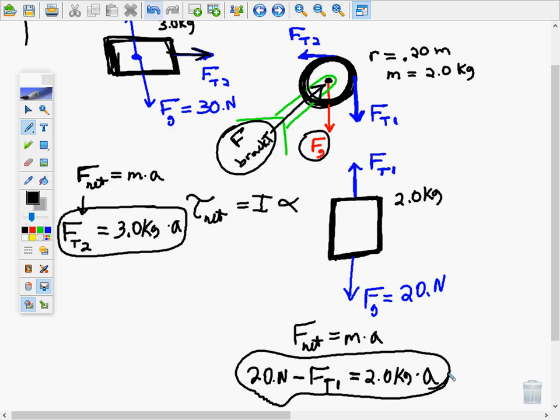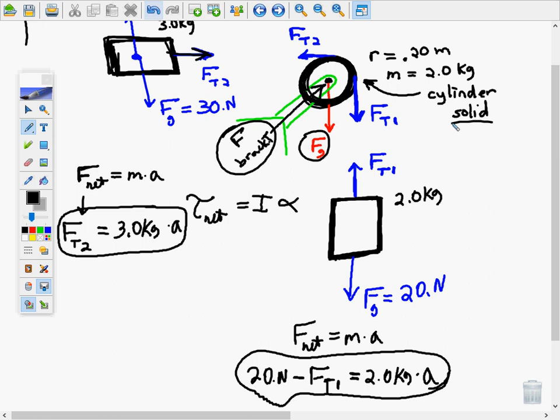And now we have to apply Newton's second law rotation style for this one here. But remember, we're probably going to be told that that's a solid cylinder. So what's an expression for the net torque? Zainab?